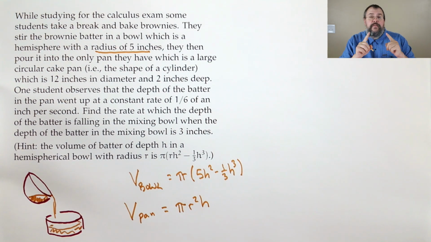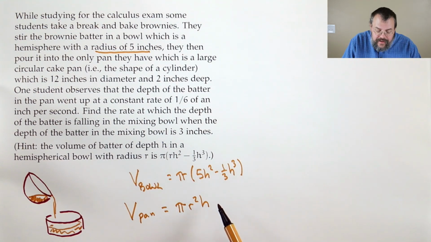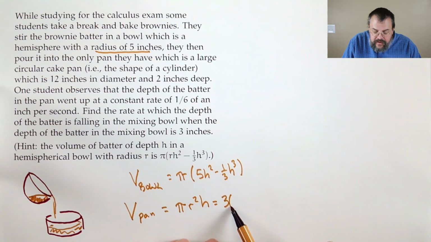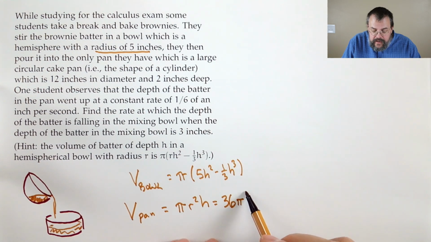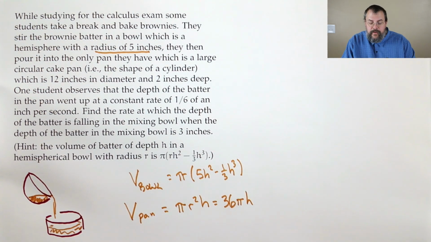If that means it's 12 inches from edge to edge, what's my radius? It's half of that. So my radius is 6. So this is equal to 36 pi h. Right? Pi r squared h, 36 pi h.